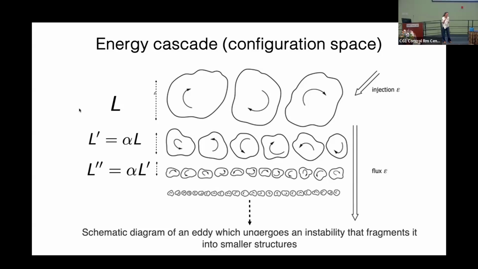Okay. However, the perturbation introduced by your spoon has a scale that's far from being microscopic, right? So there has to be some mechanism that kicks in and allows you to transfer this energy that you are injecting at the scale of the spoon, all the way down to microscopic scales, okay?